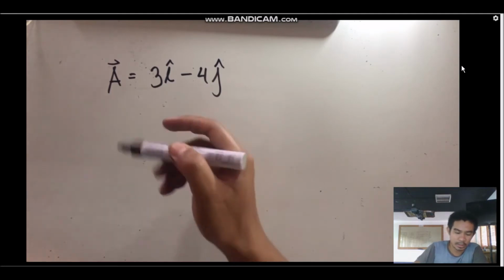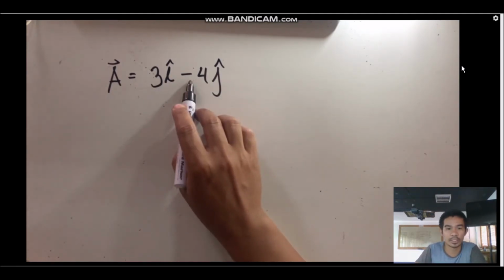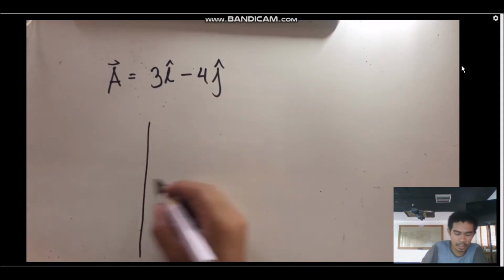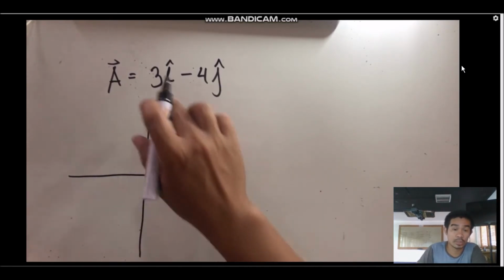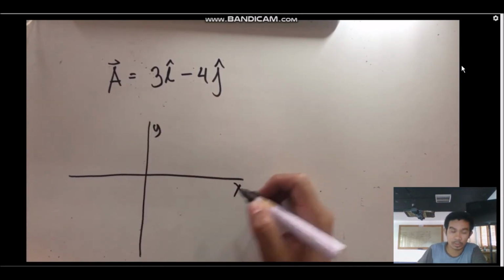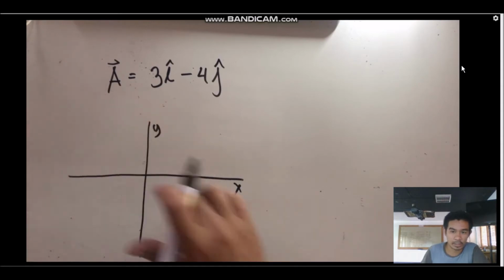Since the x component is positive and the y component is negative, where do you think the vector is located? At what quadrant? This is a two-dimensional vector. So at what quadrant of the xy coordinate system is vector A located?